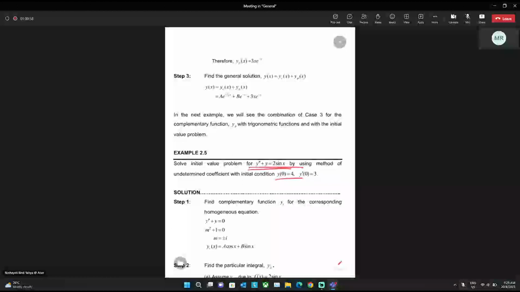Ni salin, copy this. Okay, this is initial condition given, make sure initial condition here given in y(x) and also y prime x. Okay. Be careful. So I give you 5 minutes for you to try this.